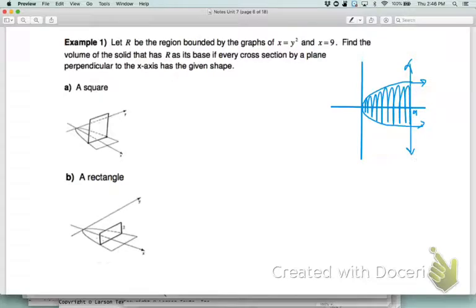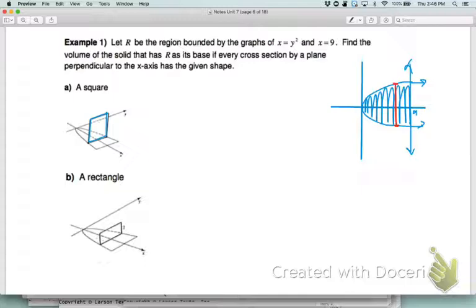So every single one of those squares that's drawn over here is going to be sticking straight out from the screen. It's like it's coming right towards your face. But what we do know is that the base, the width of each one of those squares, is going to span this distance. Okay?